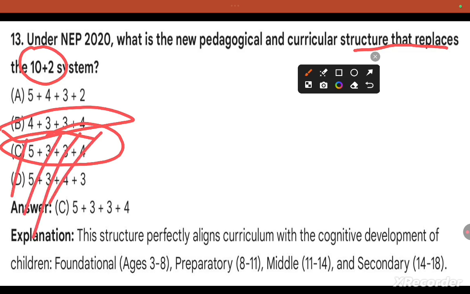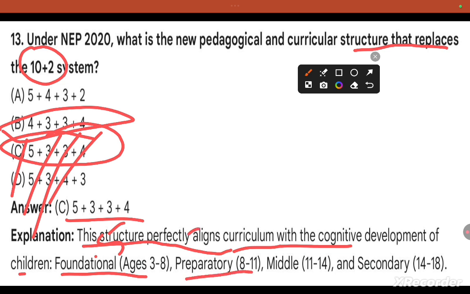This structure aligns curriculum with the cognitive development of children. Foundational is 3 to 8 years, preparatory is the next 3 years, 8 to 11, middle is 11 to 14, and secondary is 14 to 18.